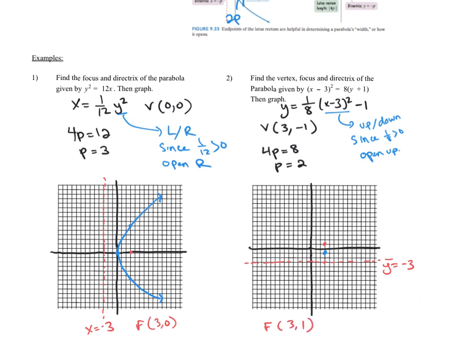From our focus, we can count 2p, so 2 times 2, 4 units out in either direction along the latus rectum so that we can get more points to graph. All right, and then we can connect the points. And we're good.